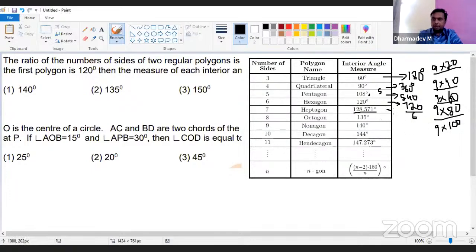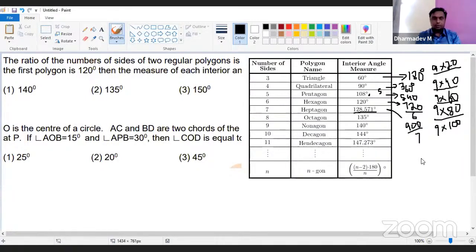So 900 divided by 7. Does it give you 128.57142857? That's what the value would be. Check it. What is 900 by 7? Does it give you 128.57?